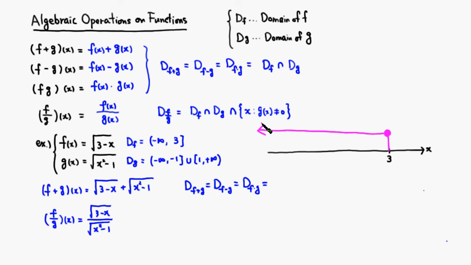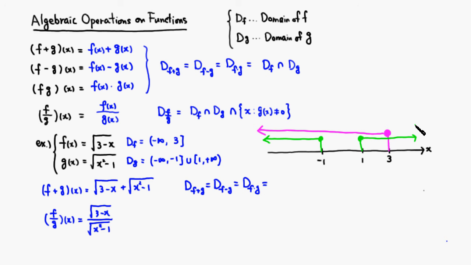Then the domain of g is less than or equal to -1 or greater than or equal to +1. So +1 would be probably here, and -1 would be probably here. We're looking for the intersection of those two.